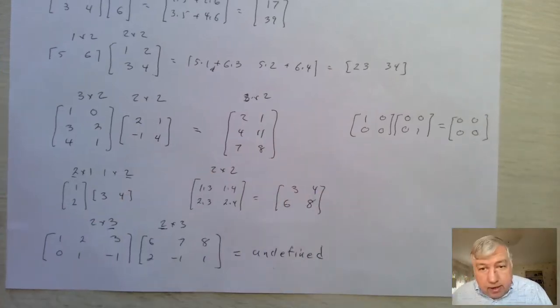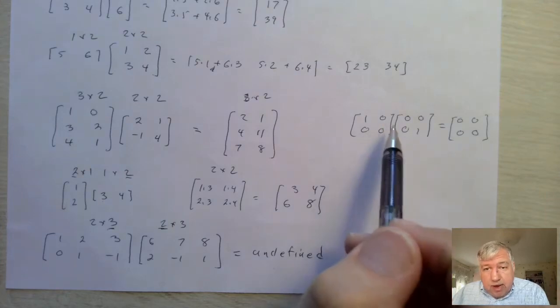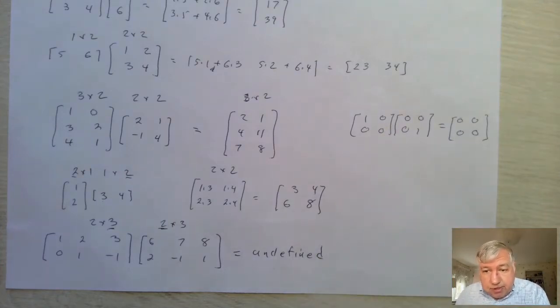And so here we have the 0 matrix as a result, but we have the product of 2 non-zero matrices is equal to the 0 matrix. So this is another way multiplication of matrices is quite different than multiplication of real numbers.